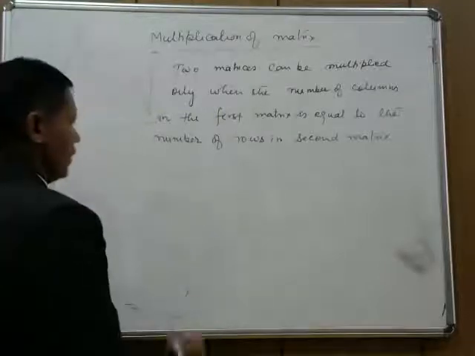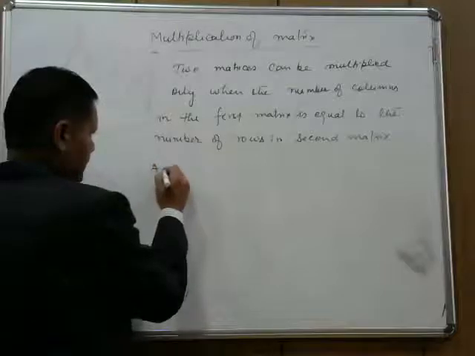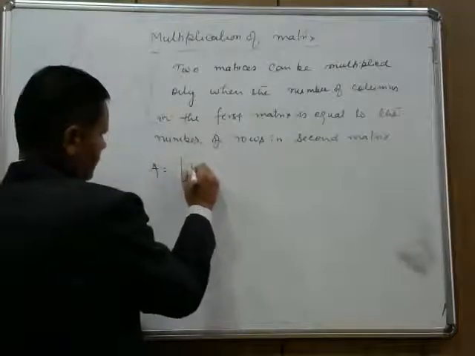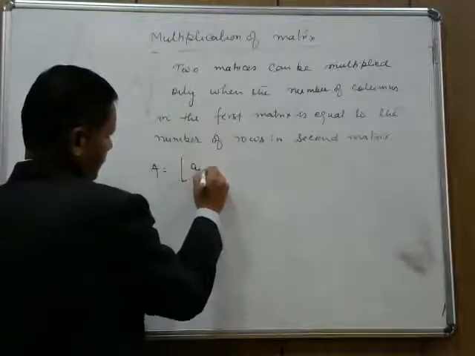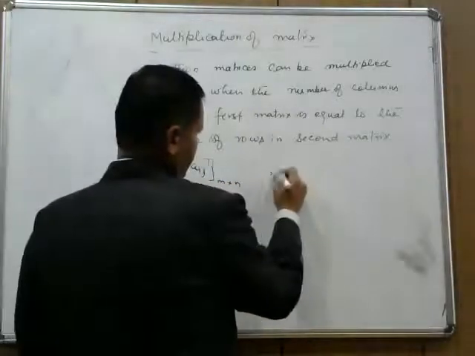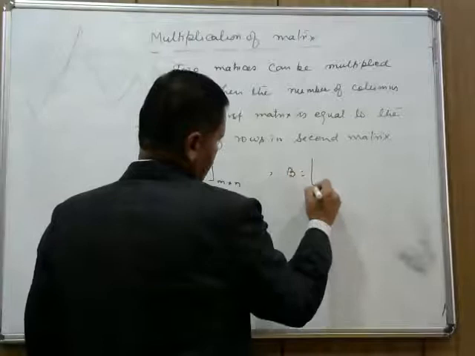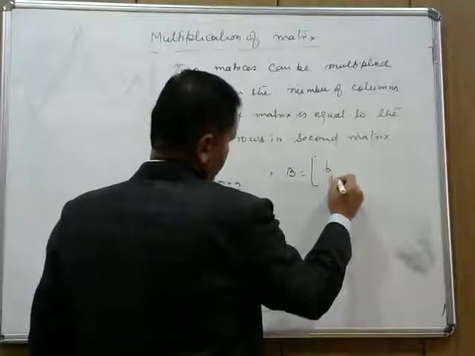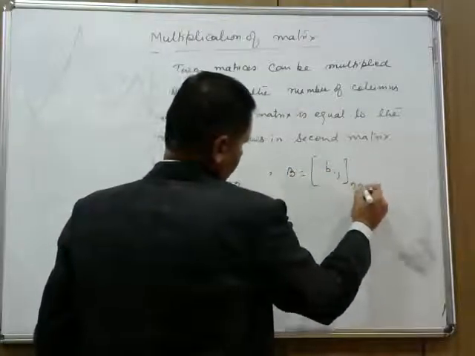That means what? Now, if A is a matrix of order m by n, B is a matrix of order n by p.